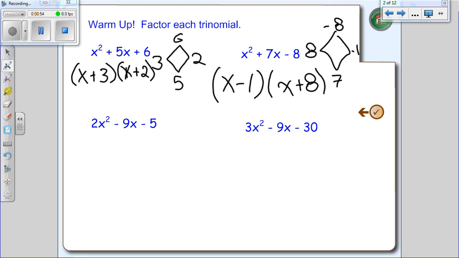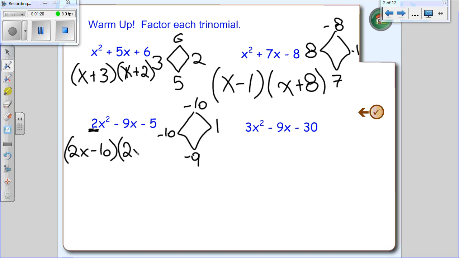Next one. A little trickier. It's things that multiply to be negative 10, add to be negative 9. You'd have negative 10 and 1. Remember, your a value isn't 1, which means you need to set up your factors like 2x minus 10 and 2x plus 1.